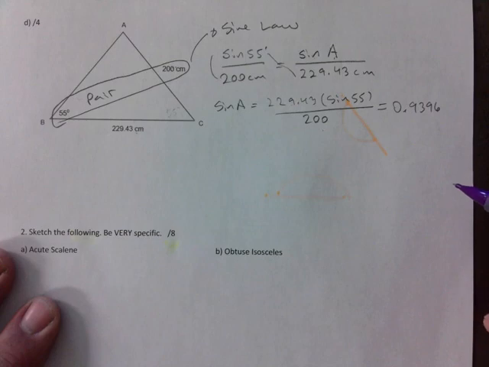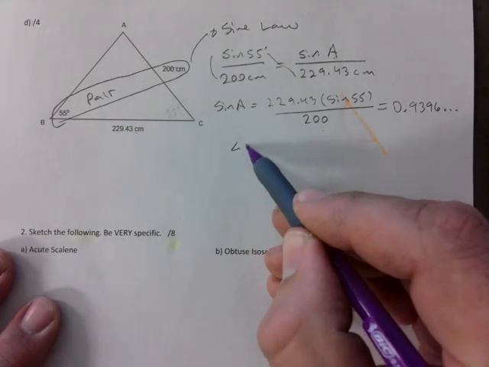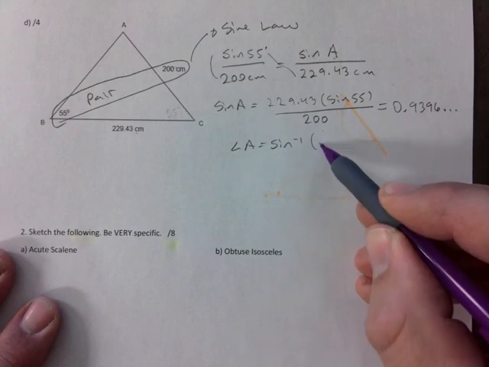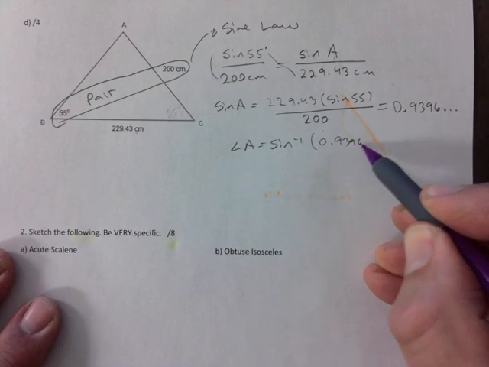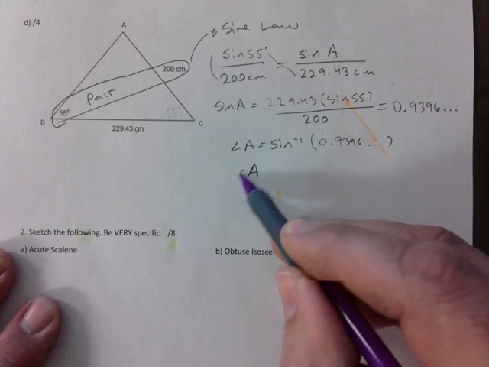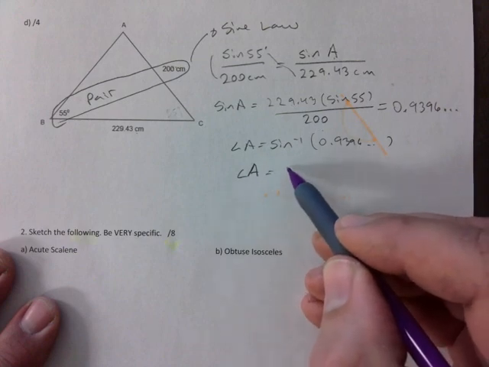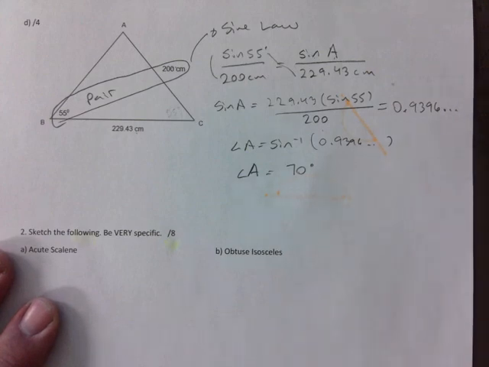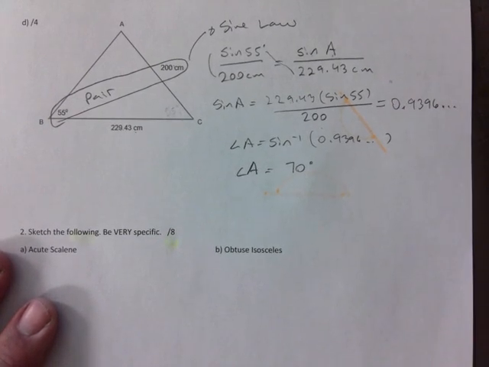Is it 9396 or is it 4396? 93? Okay. And that keeps going. Angle A, I'm going to go sine inverse of that. So angle A is 70 degrees. If you round it, it's 69.996, right?